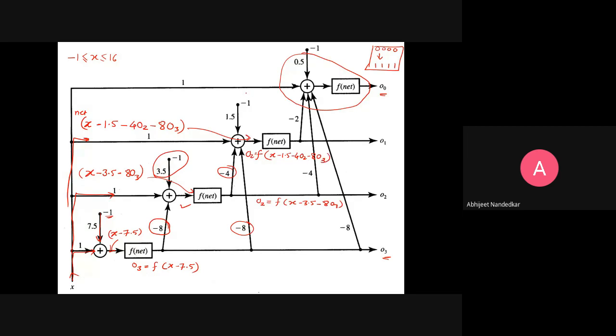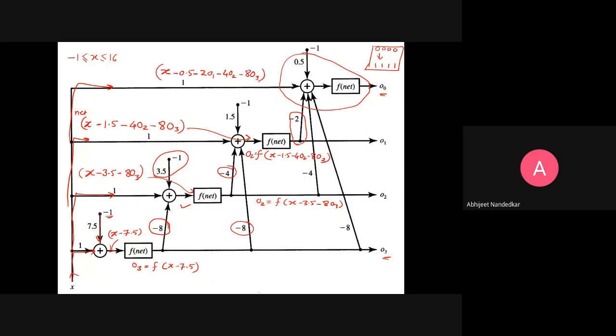Now go to the first one, that is the 0th position. The same x is again going here. Remember, the input is the same for all four neurons. So again here it is x minus 0.5. Now you see one more input going here: minus 2 O1, minus 4 O2, minus 8 O3.